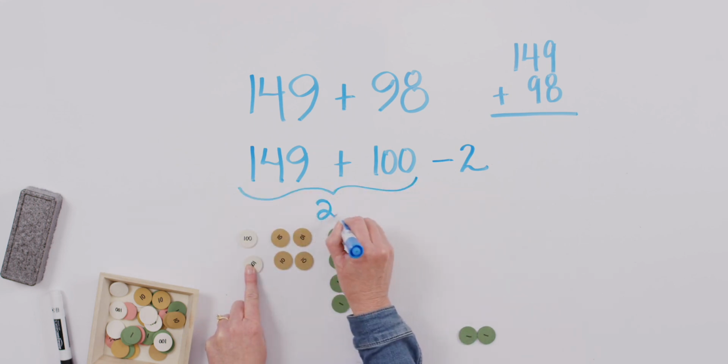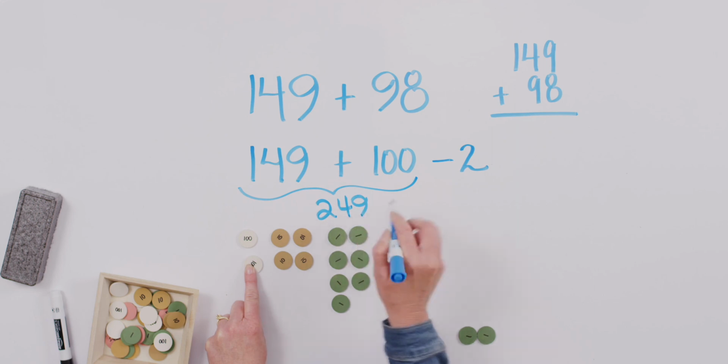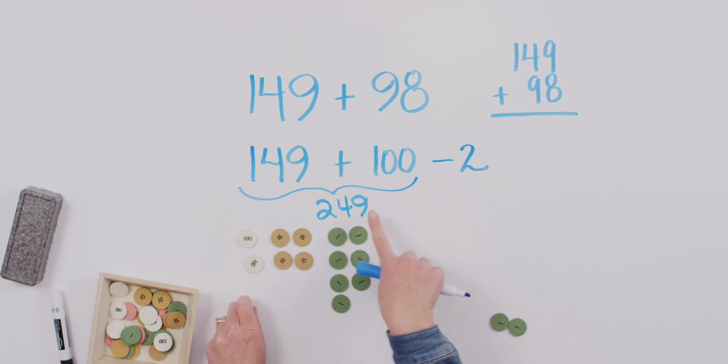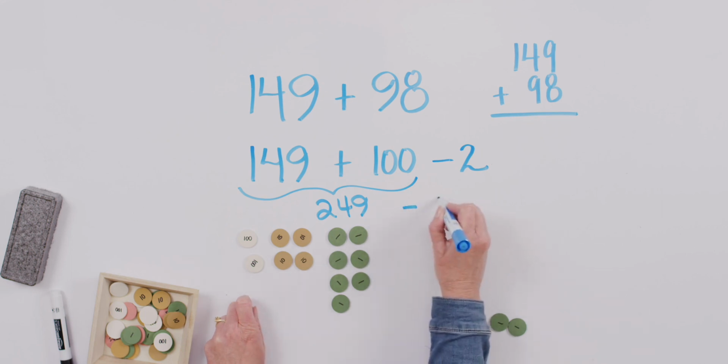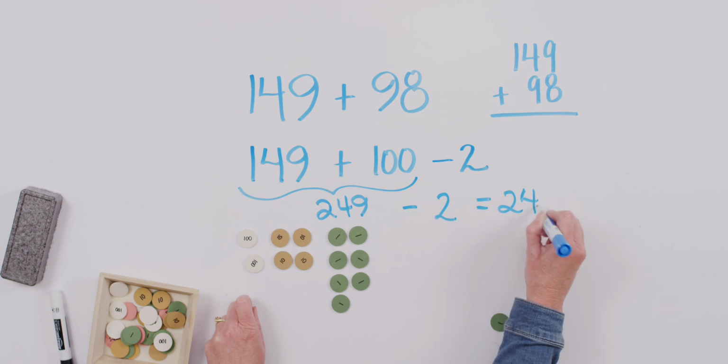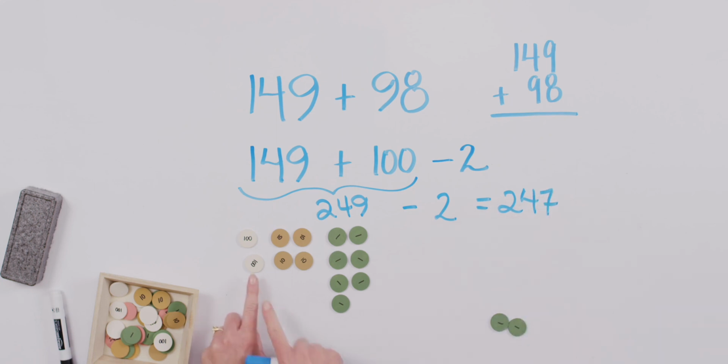That's 249. But since I'm only adding 98, I need to take 2 away. So then I need to subtract my 2 here. So 249 minus 2 should give me 247. Let's see if we have that here. 247. You see that?